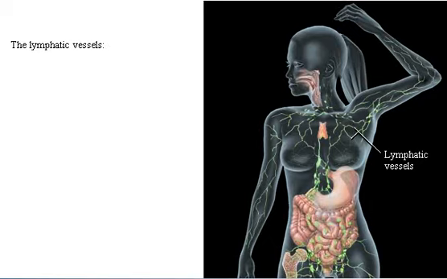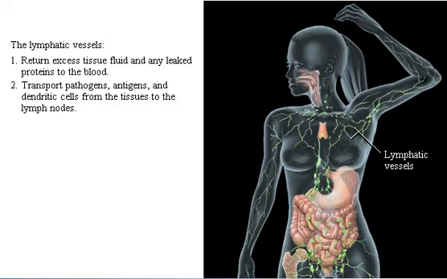Let's summarize the functions of the lymphatic vessels. They return excess tissue fluid and any leaked proteins to the blood. In addition to fluid and proteins, they transport pathogens, antigens, and dendritic cells from the tissues to the lymph nodes.